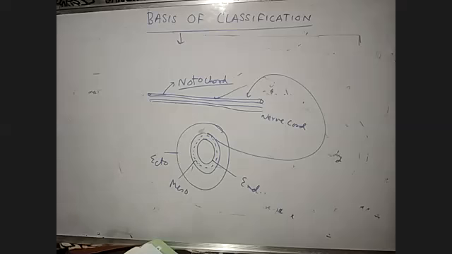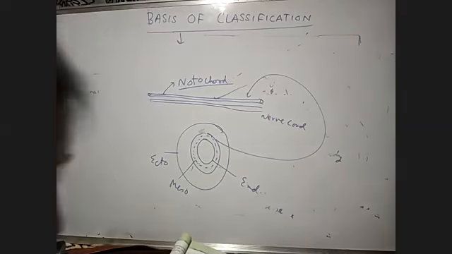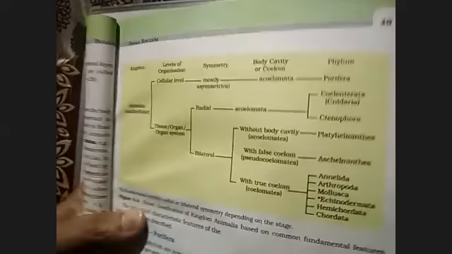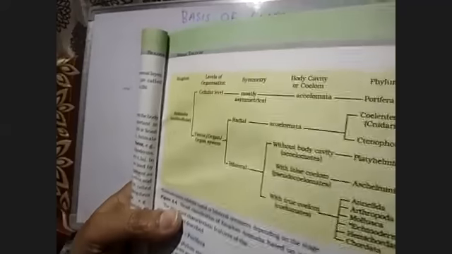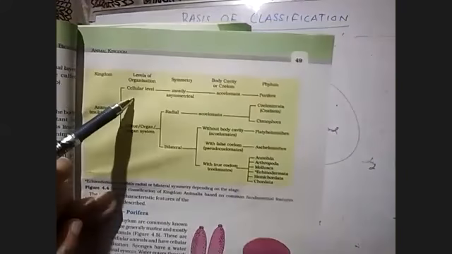Next we go to the book now, page number 49. You have to remember this, please. If you don't remember, it is difficult for you. So the animal kingdom is classified by the level of organization.